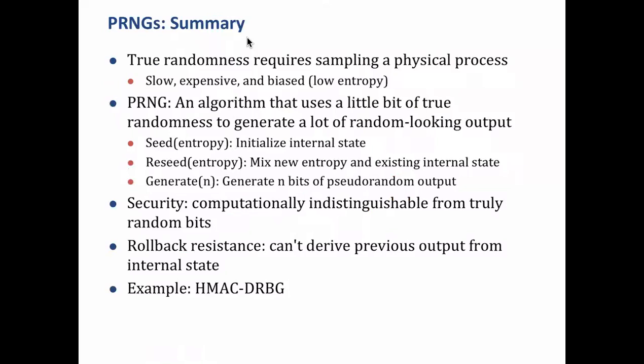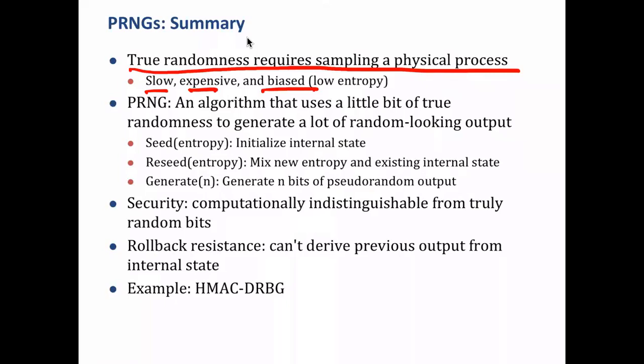Okay, to summarize, true randomness requires sampling of a physical process. There can be many sources of entropy. These are slow, expensive, and at times biased. But the combination of these biased and slow sources should be done in such a way that overall entropy is high, but still it remains slow and expensive.